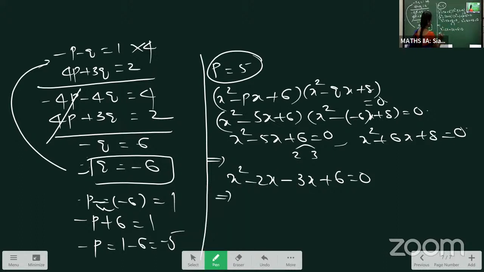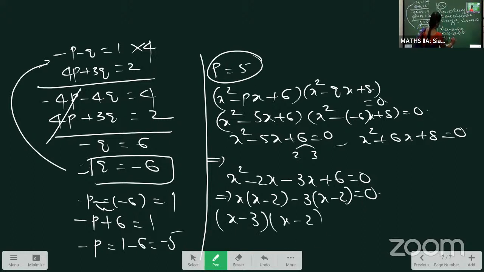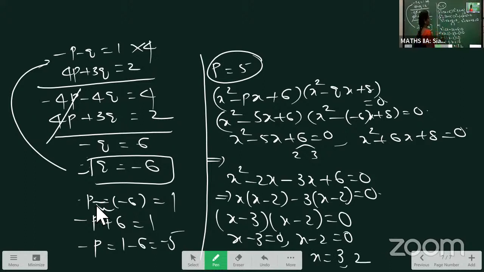Then take x common: x minus 2, minus 3 common, x minus 2 is equal to 0. Then x minus 3 into x minus 2 is equal to 0. Then x minus 3 is equal to 0, x minus 2 is equal to 0. Then x is equal to 3, 2, the two values we have.